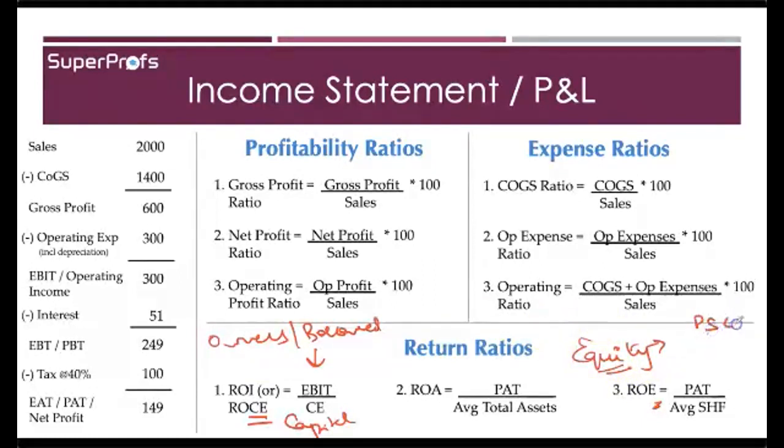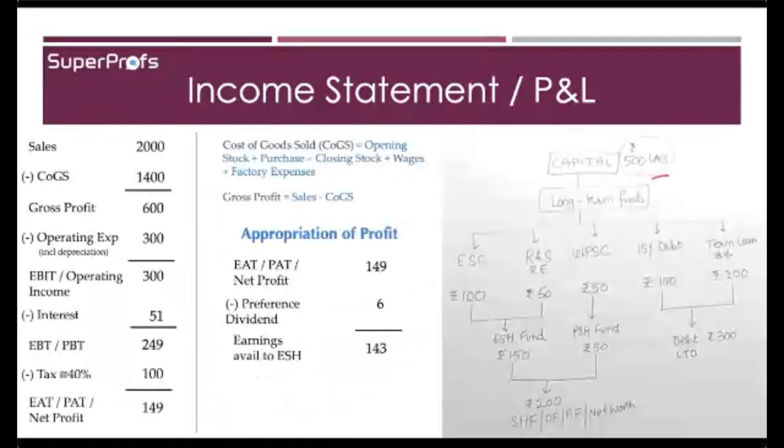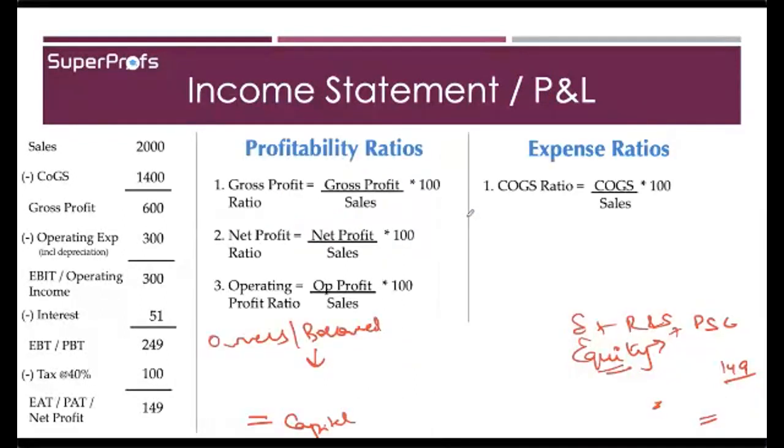Your preference share capital, your shareholder equity, and the reserve and surplus. So you will take your profit after tax, that is the net profit, and average shareholder fund, which, as you can see, was equity share capital plus reserve and surplus plus preference share capital. The value was 200 lakh rupees.